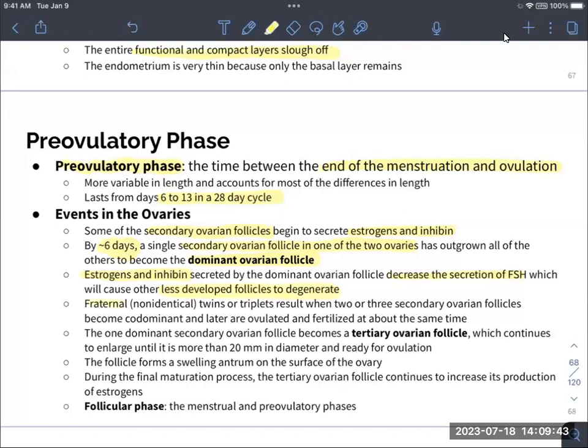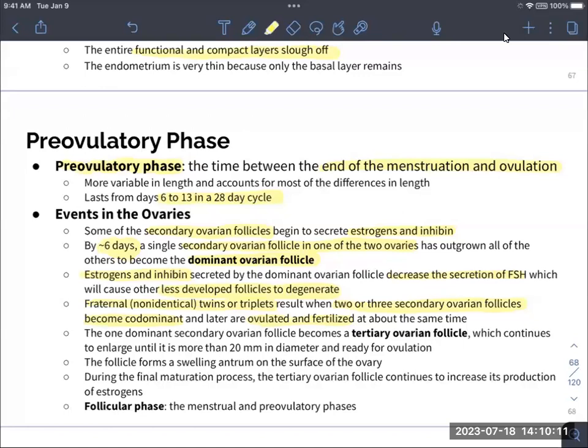Fraternal twins, so non-identical twins or triplets, this is when 2 or 3 of those secondary ovarian follicles actually become codominant. So 2 or 3 get ovulated and fertilized. So 2 or 3 of these oocytes get released out and they become fertilized at the same time.